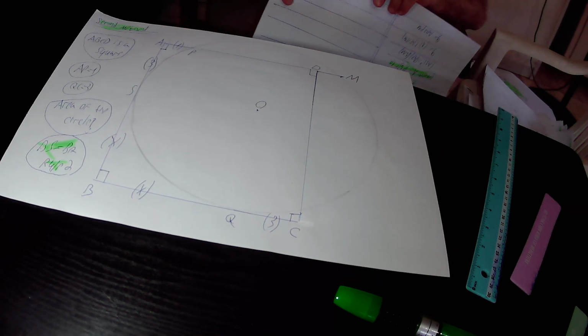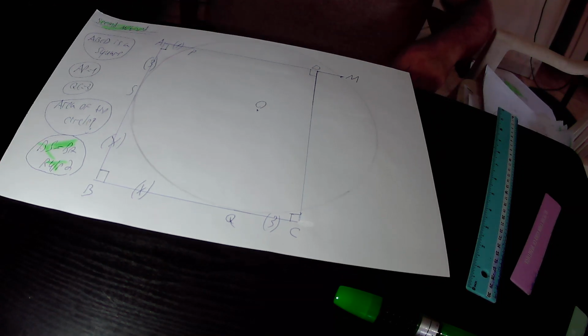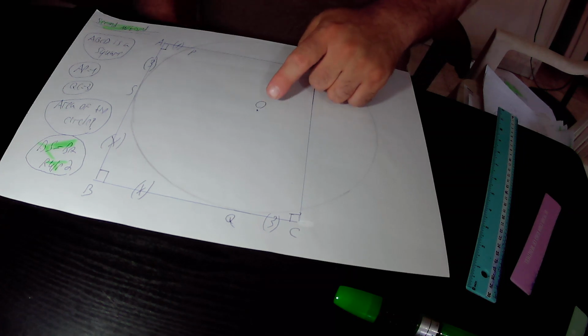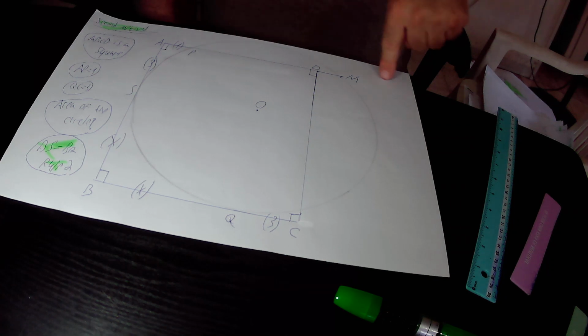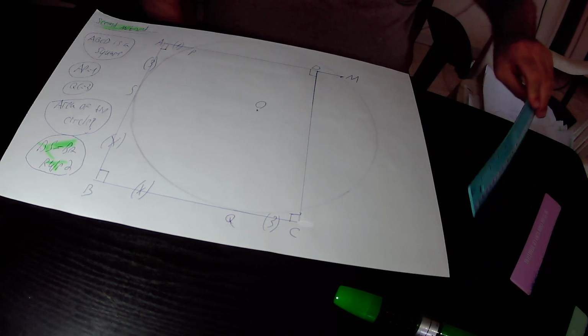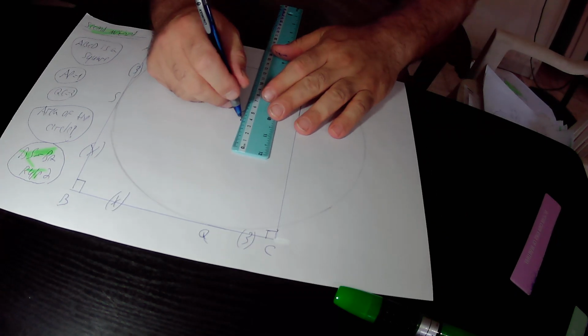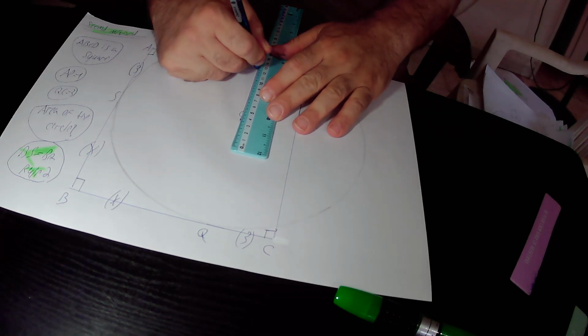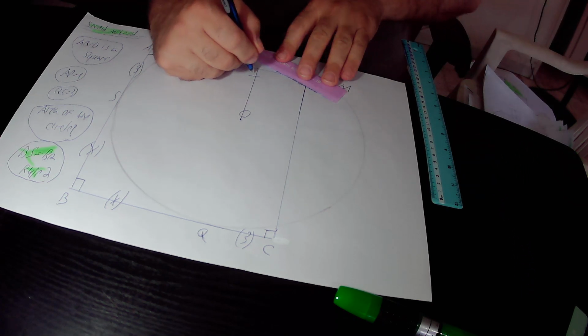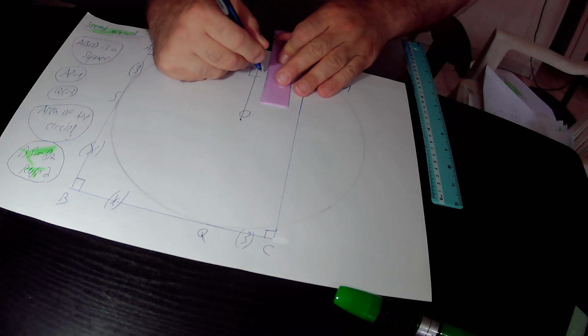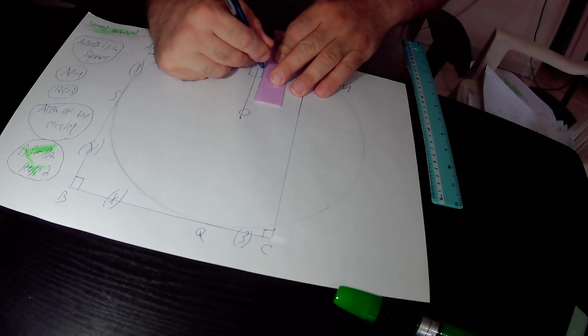In the next step, we will do a construction. That is to say, from this point O, that is the center of the circle, we will go perpendicular on chord PM. So actually, this angle equals 90 degrees, and this angle also equals 90 degrees according to our construction.